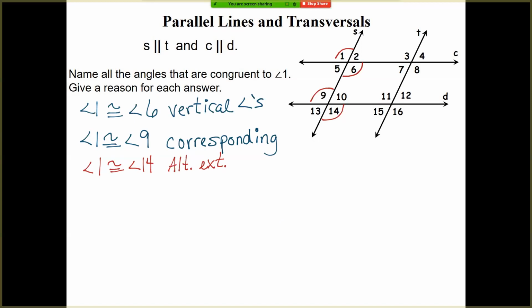We haven't done anything with the right side yet. Now we get to go with the right side, so I'm going to jump to transversal T. Angle 1 is corresponding to angle 3. If I'm ignoring this bottom line down here, I'm just looking at these top 2, 1 and 3 correspond to each other.